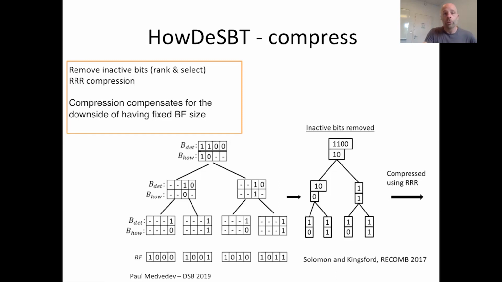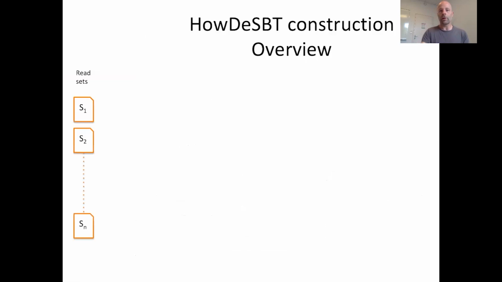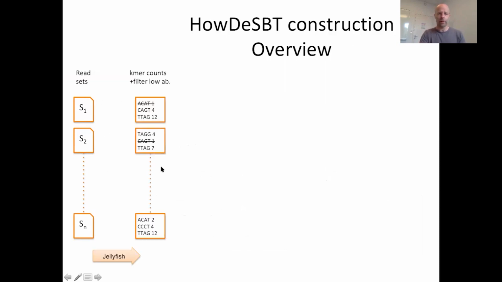All right, so this was the core concept of HowDSBT, but now we take a step back and look at the overview of the HowDSBT construction. So how it is constructed: you take your input read sets, you count kmers because we would like to remove low abundant kmers.